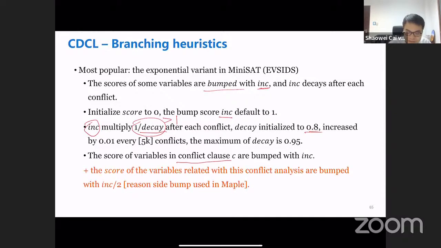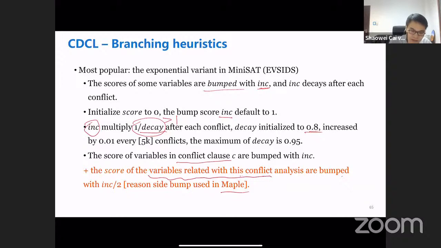And recently in the Maple solver, about 5 years earlier, the score of variables related to the conflict analysis is also bumped with half of the increment. So what variables are related to this conflict?